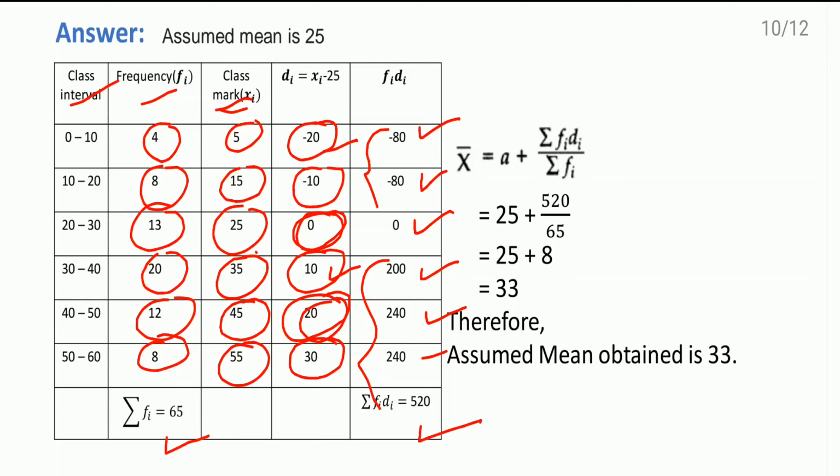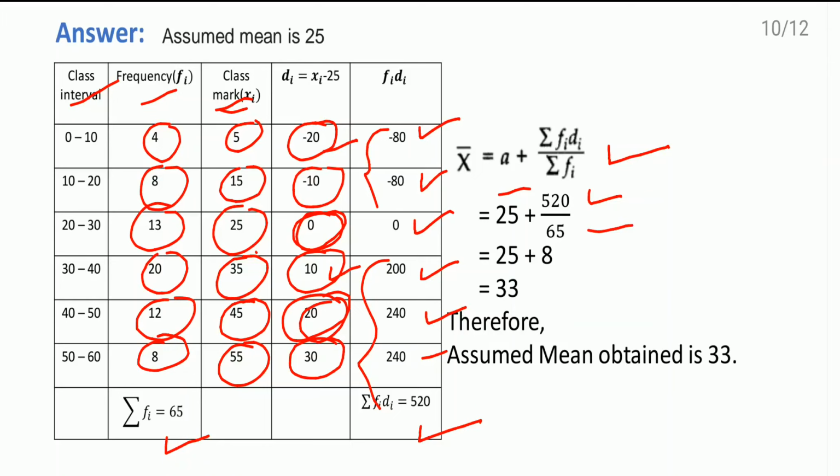is 65. Now this is the formula to find the mean by the assumed mean method. We have to remember this formula, memorize it. So A, we already said, is 25. Sum of fi di is 520 by 65.